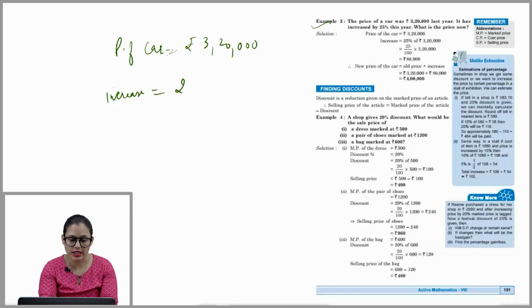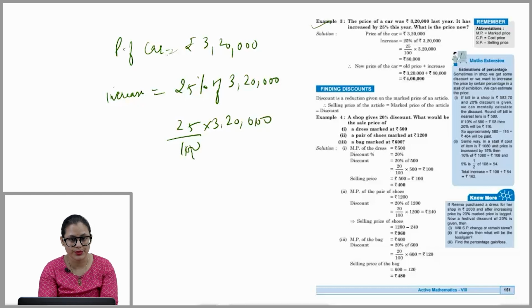Increase is 25% of 3,20,000. So, 25 by 100 into 3,20,000. 0 goes. So, the price has been increased by 80,000 rupees, right?